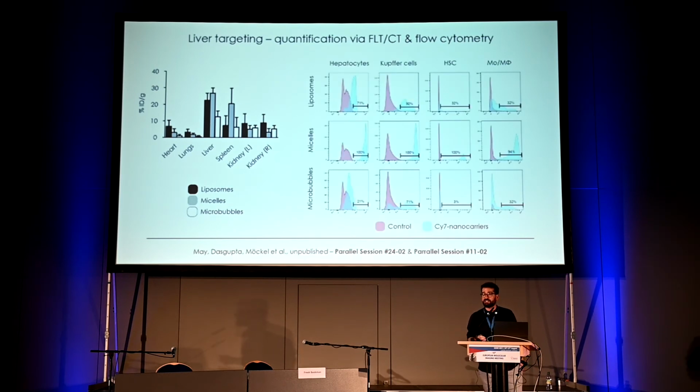And if we correlate these findings with flow cytometry, we can see that it completely agrees with the evidence we got from FLTCT. Micelles, for example, are taken up by hepatocytes and Kupffer cells much more than the other 2 nanocarriers. What is important is that with FLTCT, together with other traditional experimental modalities, we can have the signature of where each nanoparticle goes, in what kind of cell type.